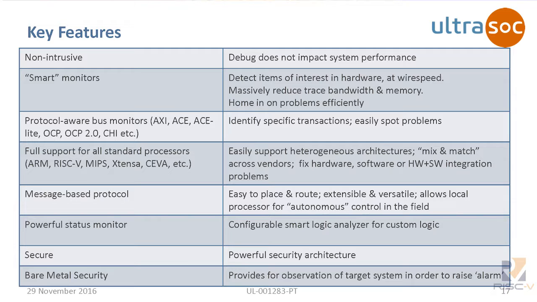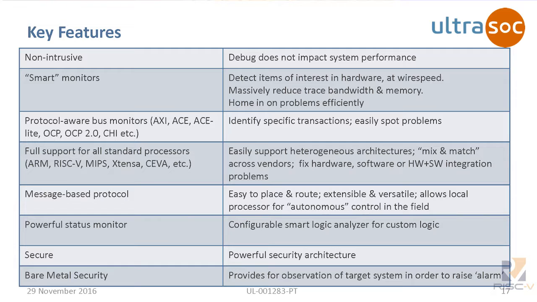We have run control for most processors, including RISC-V. Our interconnect is a message-based protocol, and it allows for cross-triggering and data in the same protocol. The status monitor is an 8-stage logic analyzer with trace capture and cross-triggering.